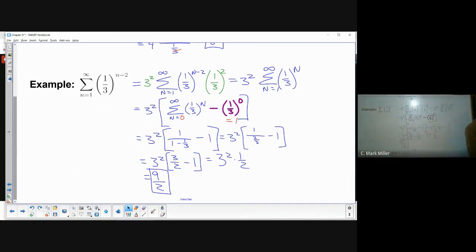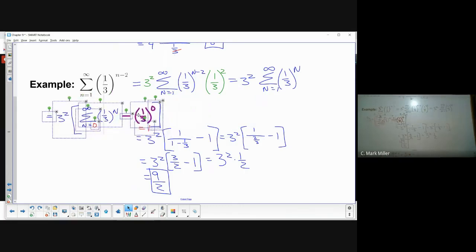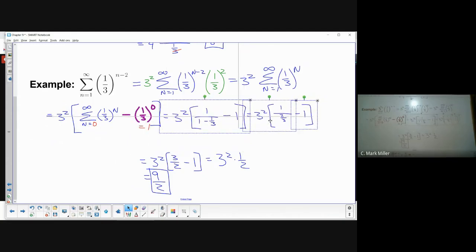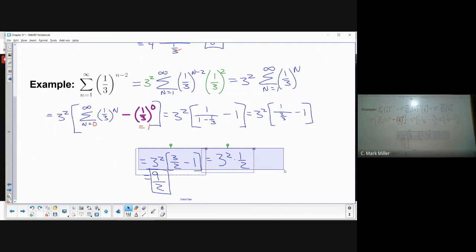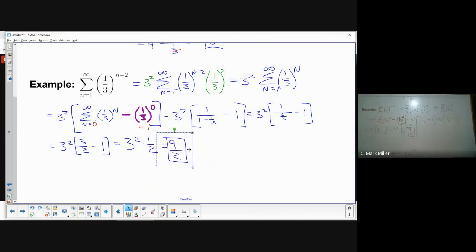I'm going to move stuff around a little bit so that the slide doesn't go down so far. All right. What was this problem about?